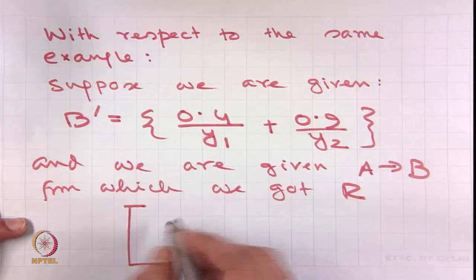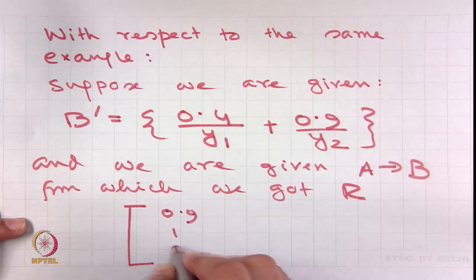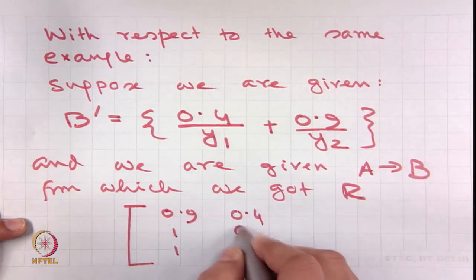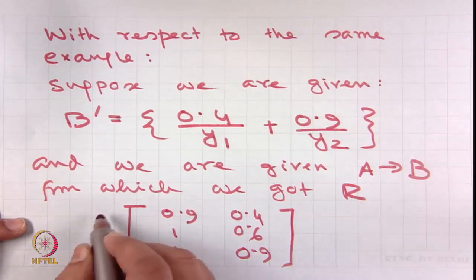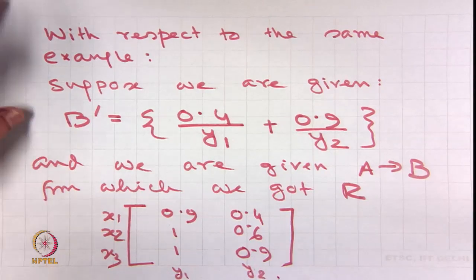Just for your recollection, it is 0.9, 1, 1, 0.4, 0.6 and 0.9 for x 1, x 2, x 3 and y 1, y 2.